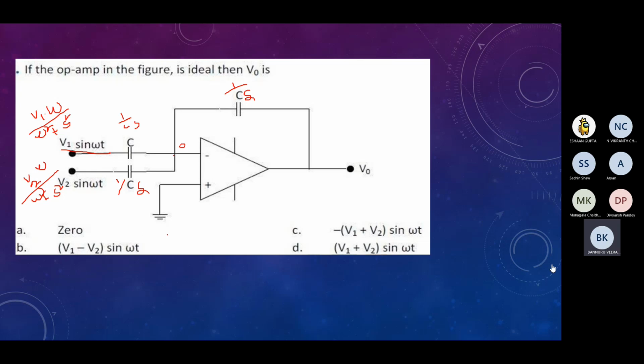So if we solve this, we get V1 omega by omega square plus s square plus V2 omega by omega square plus s square equals minus V naught of 1 by Cs.